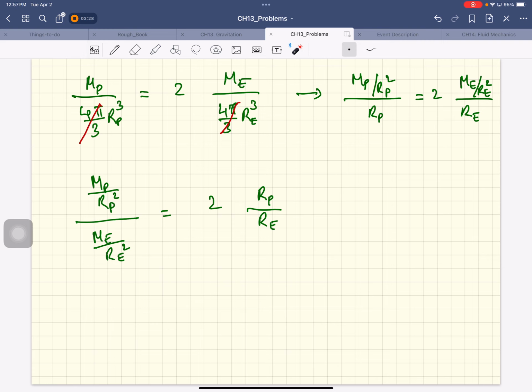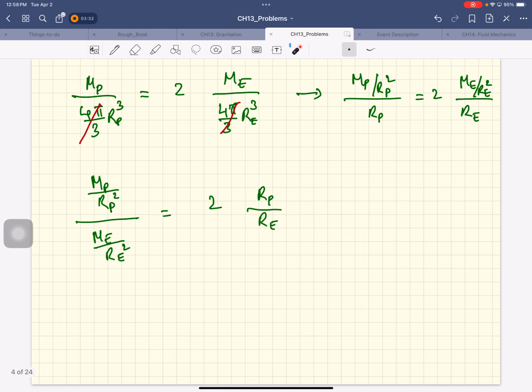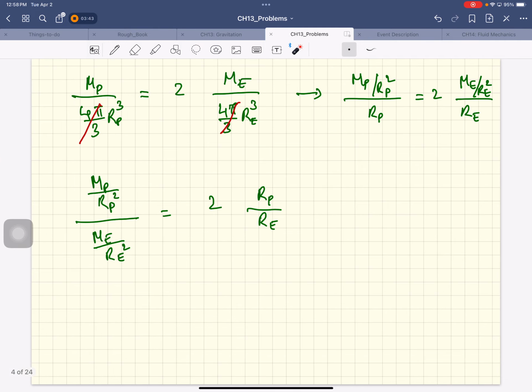All right, why did we do that? Because this guy is what we have here. Okay. So 3 is equal to that. So this is equal to 3. So 3 equal to 2 RP.